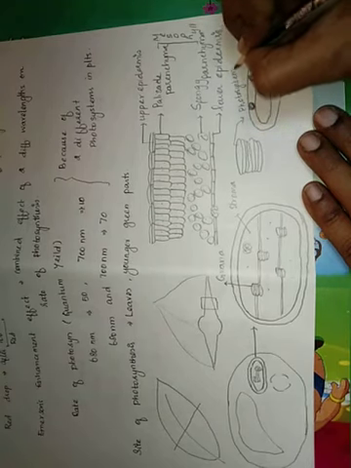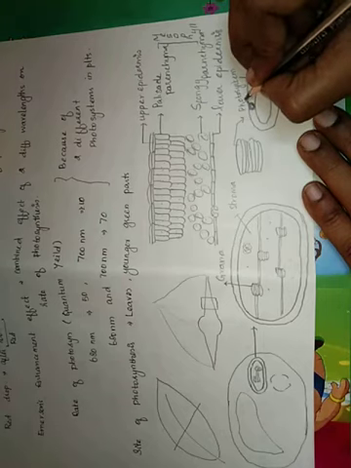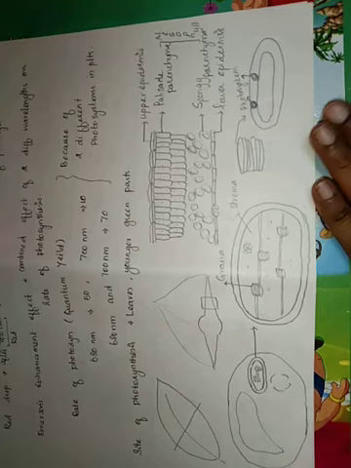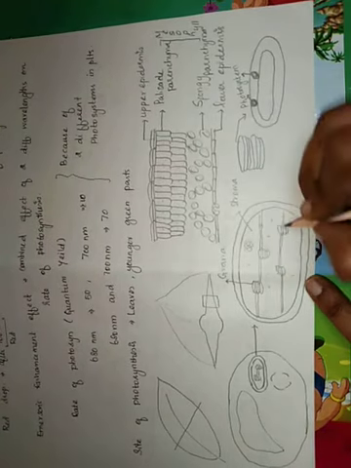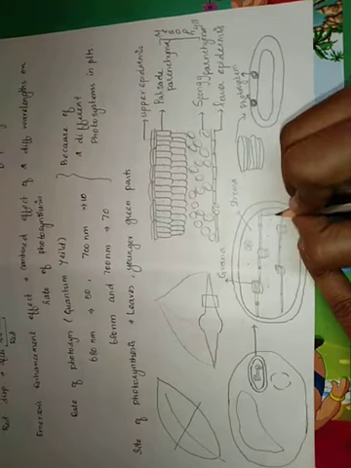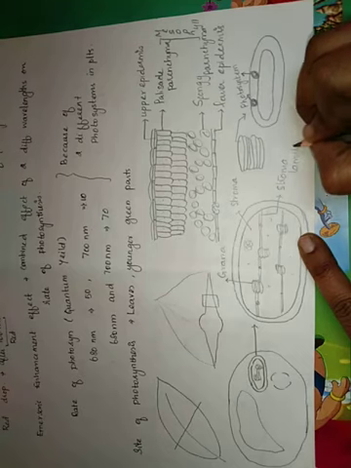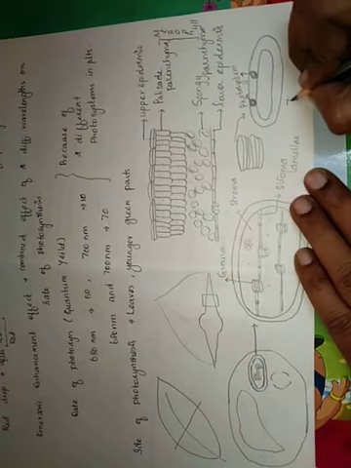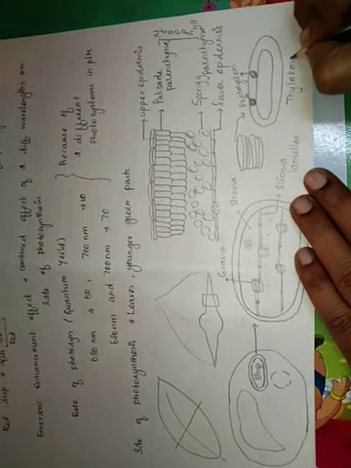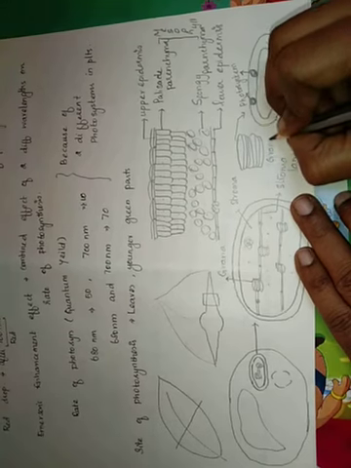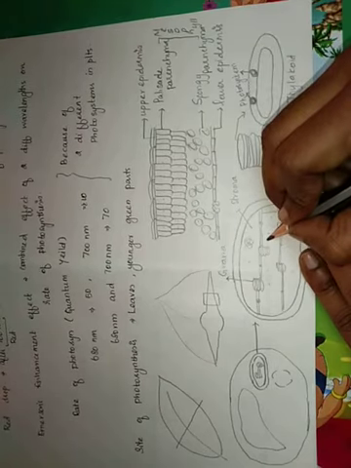So these are the photosystems that are present in the thylakoid membrane, as well as some photosystems that can be seen in stroma lamellae. Also, we will see which is present where later. So stroma lamellae is also going to have some photosystem. The thylakoid membrane is also going to have some photosystem. So this is a single thylakoid, and this is a granum. I have just drawn one granum here.